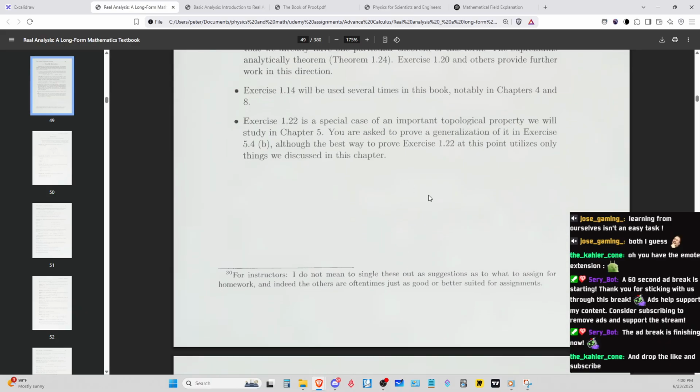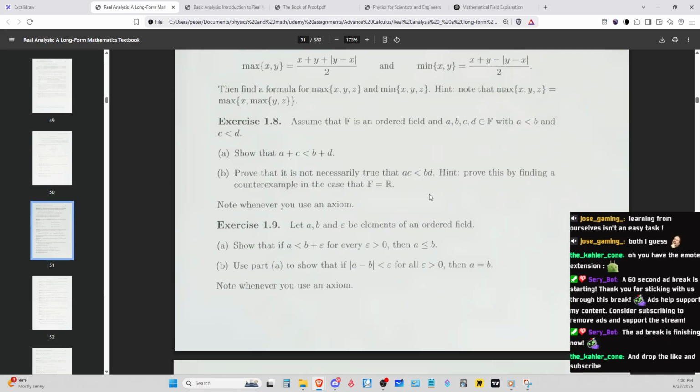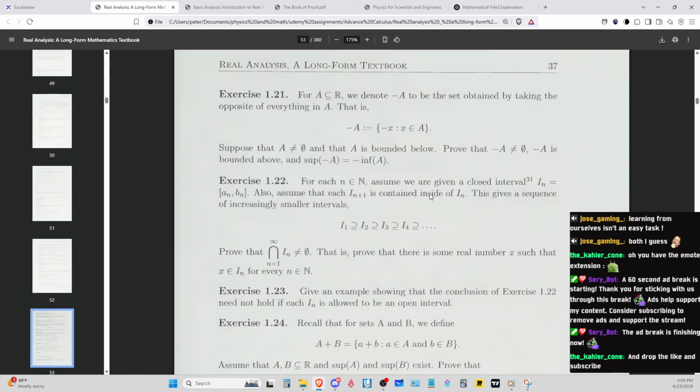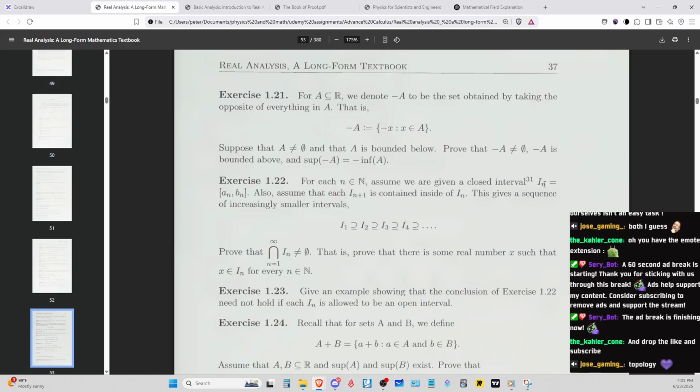Will I understand? Actually, we can take a sneak peek and see what that says. Okay, here we go. For each n in N, assume that the given closed interval I_n is [a_n, b_n]. So we have to know what a closed interval is.